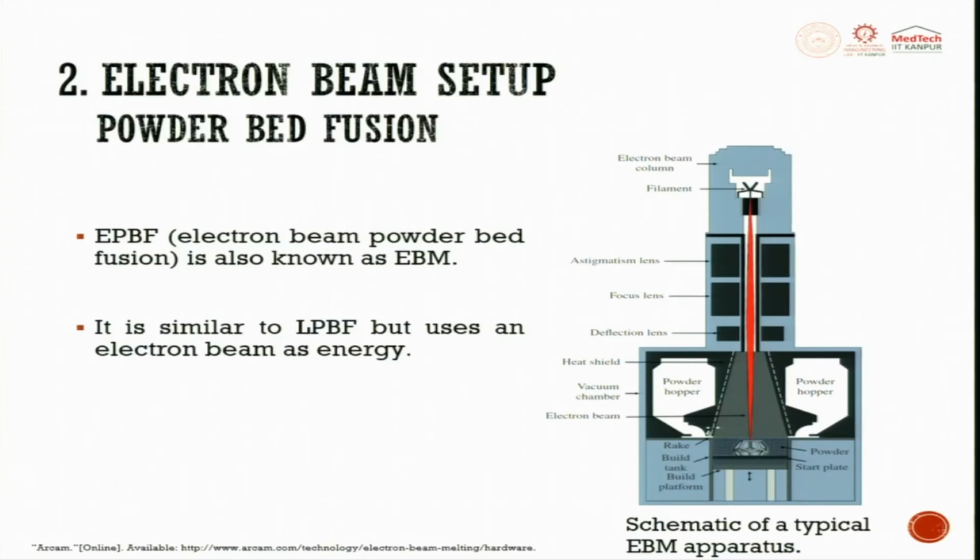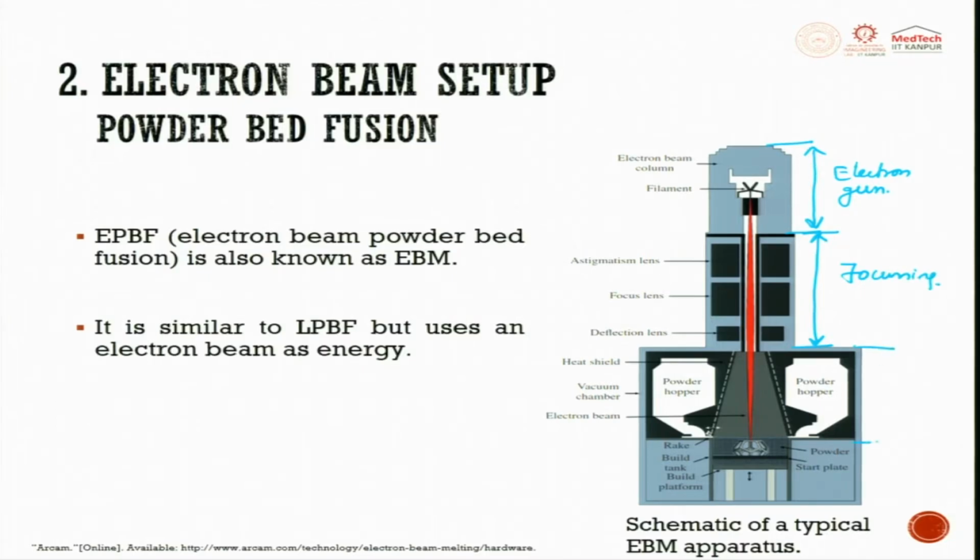This is how a typical electron beam powder bed fusion setup looks. You will have an electron gun here. Electron gun means it develops a stream of electrons and pushes it into the system. This portion of the system is predominantly for focusing.